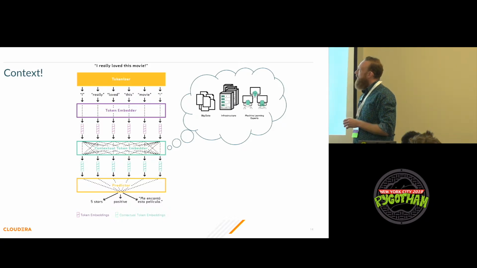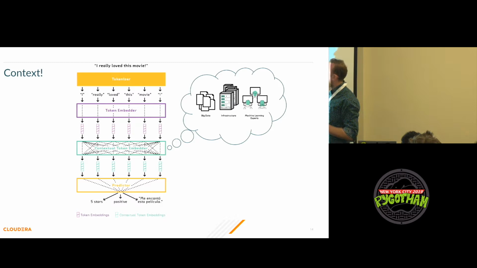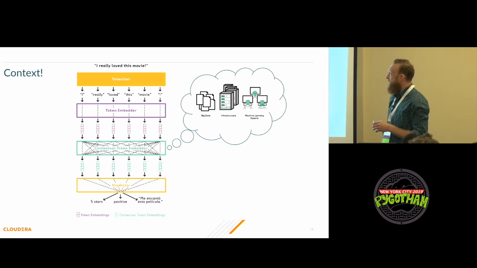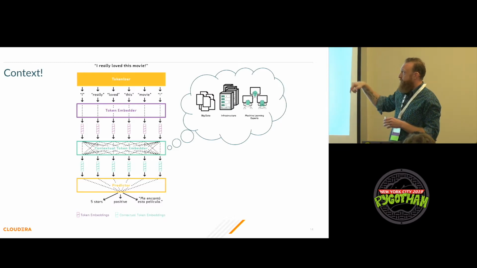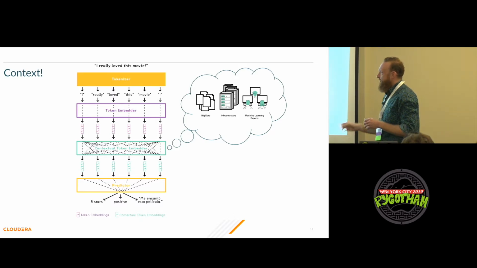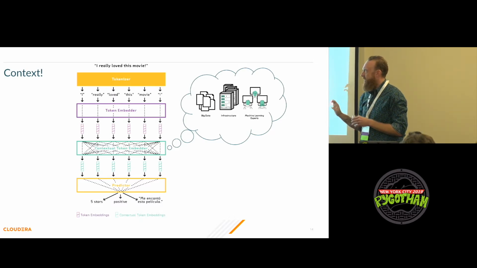I'm just going to run through this quickly. The tokenizer breaks down language into these individual components. That's usually words, but it can be different granularity. The token embedder is going to pull out the embeddings, like word2vec style embeddings. And then you have the contextual token embedder, way more complicated.